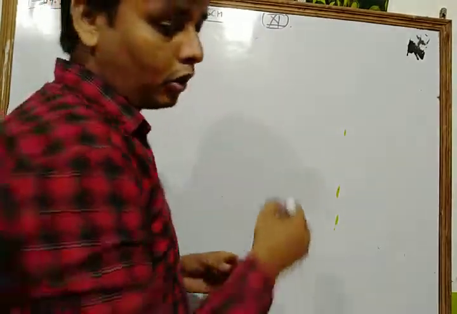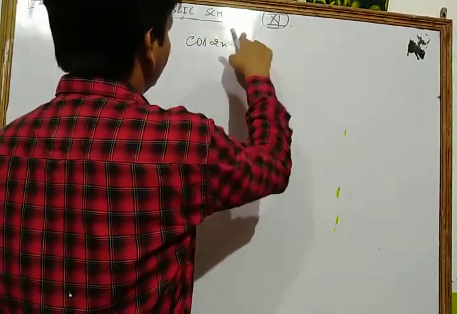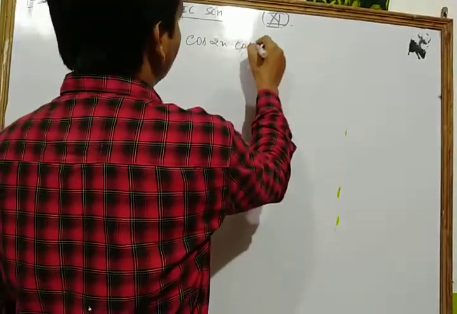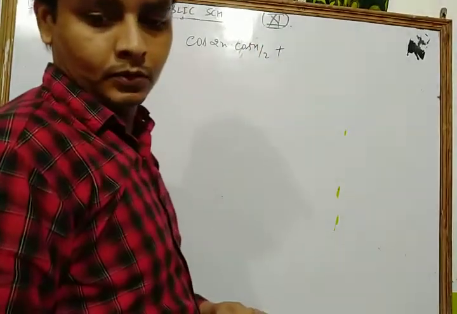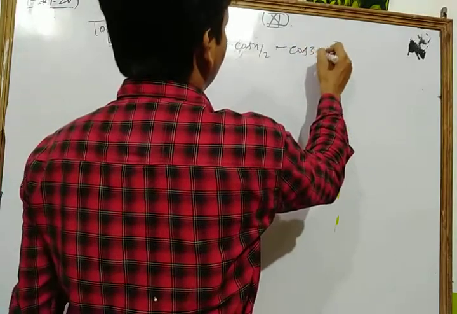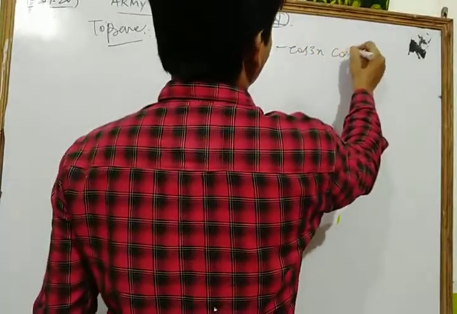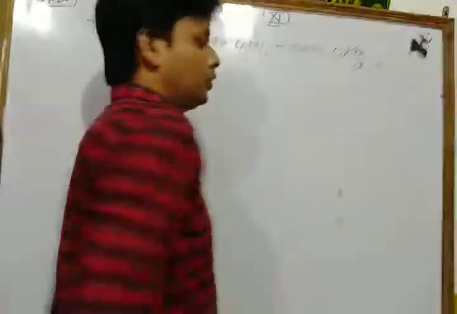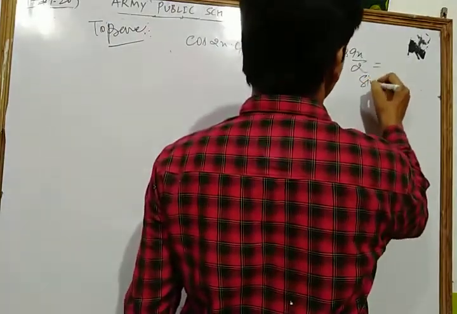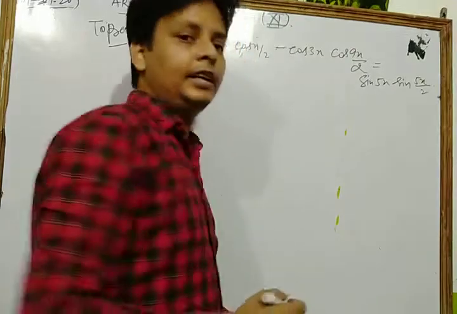To prove cos 2x into cos x by 2 minus cos 3x into cos 9x by 2 is equal to sin 5x into sin 5x by 2.